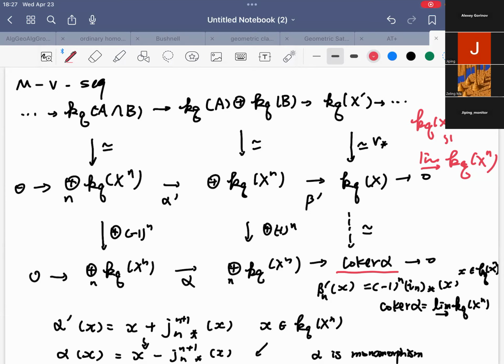Why do I have zeros on the left and on the right of the one in the middle? Because you can check that alpha prime is just a monomorphism. You have the definition of alpha prime.